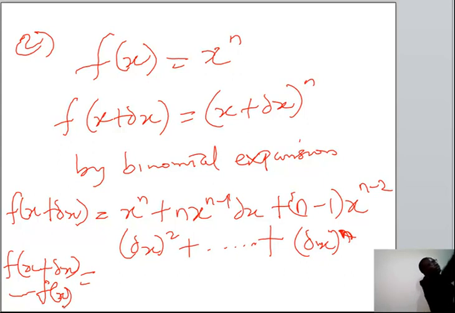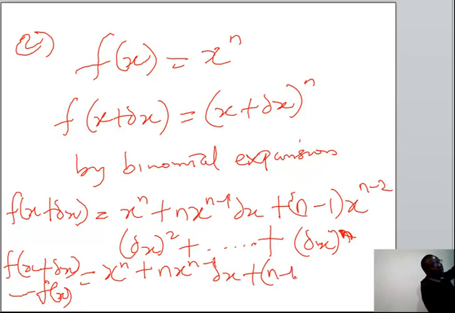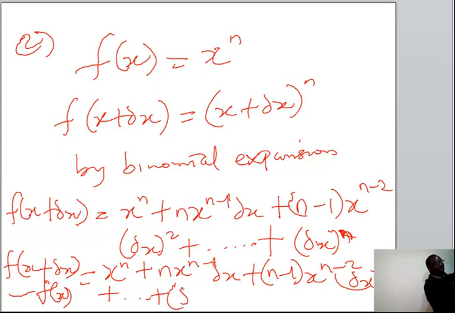Now, you subtract this and this, all you have here is n x raised to power n minus 1 dx plus n times n minus 1 x raised to power n minus 2 dx square, now plus dx raised to power n minus x raised to power n. So here it means this will cancel this now, and it will erase the first part.